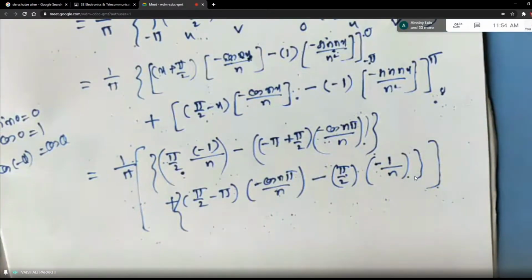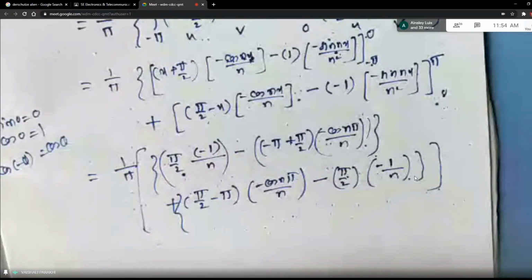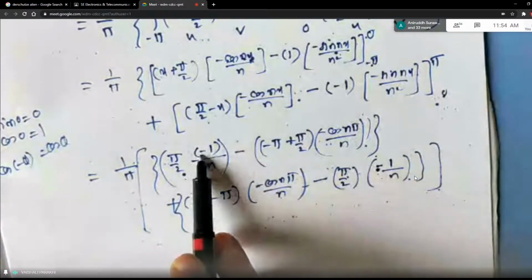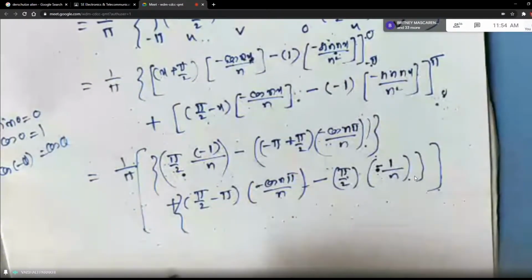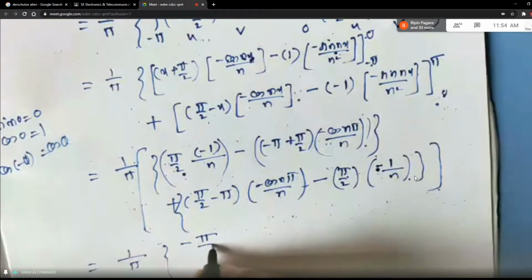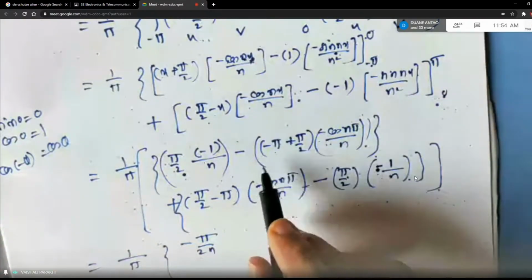And now see what remains and what will get cancelled. So if you see here itself, like see, this is minus into minus plus and this is minus, right? So if you want, you can rewrite this so that the picture will be clear. This is minus pi by 2n, right? And this term is what here?